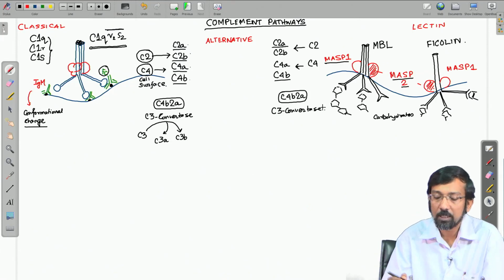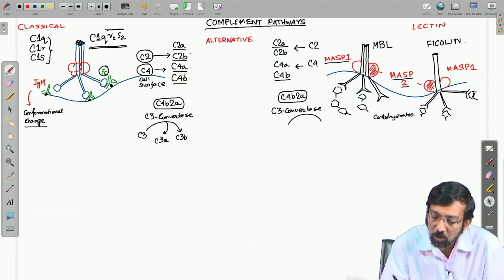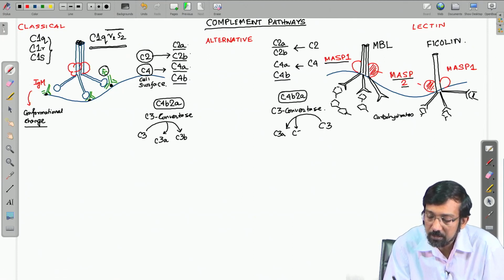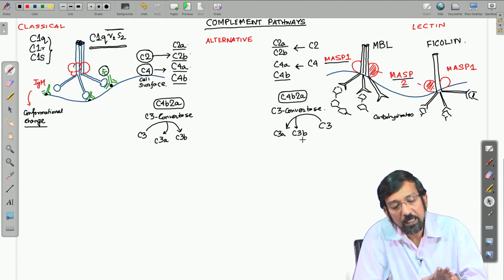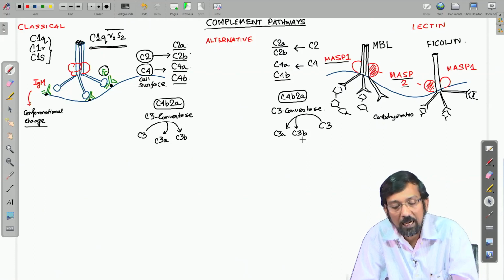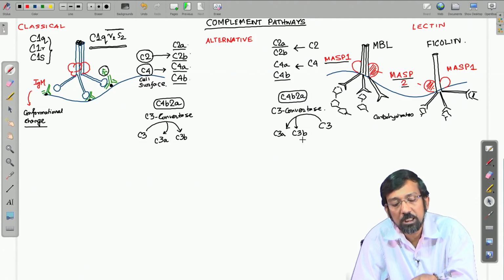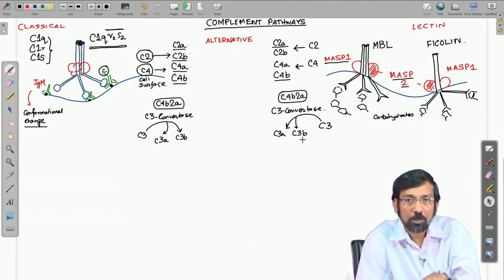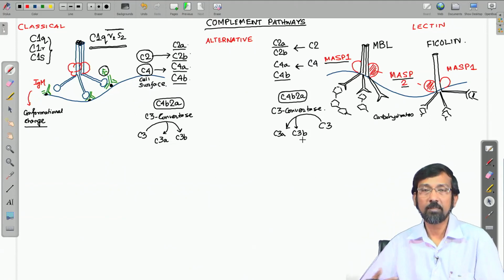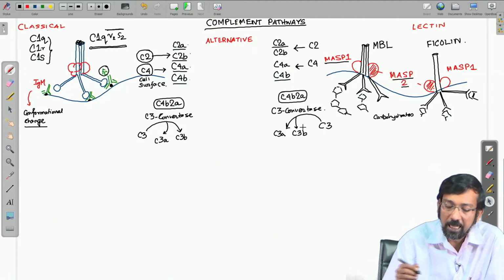Okay. So, now this C3 convertase can also convert C3 into C3a and C3b. So, you see that in both the pathways you have formation of an intermediate which is the C4b2a, which can lead to breakdown of the C3 into C3b and C3a.